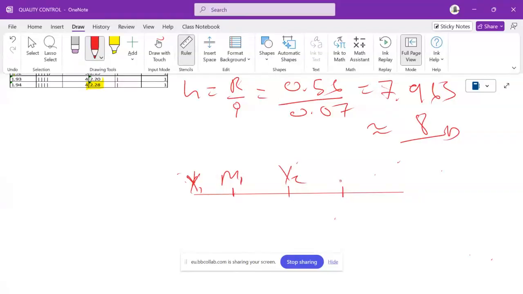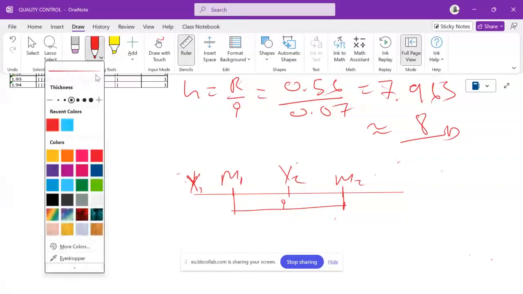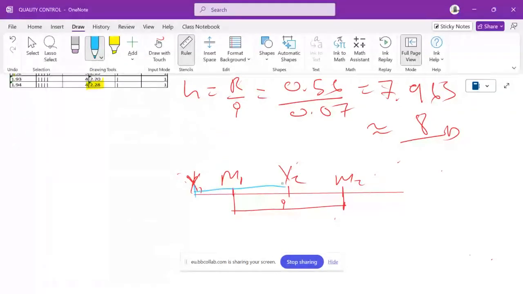M1, M2, midpoint 1, midpoint 2. The distance of the interval is from there to there. That's your interval. But at the same time, the very same distance is required between two intervals, so x1 and x2 is the same I, right?